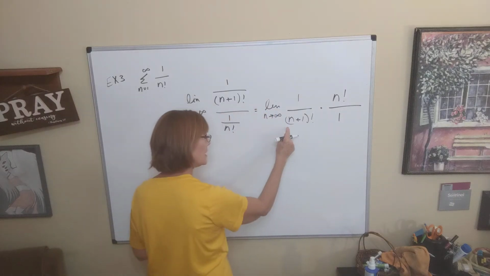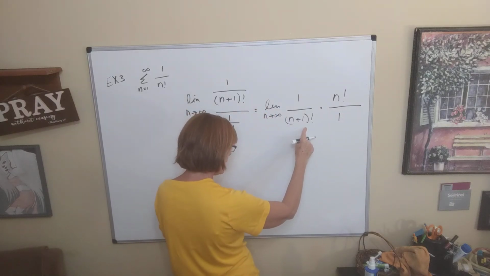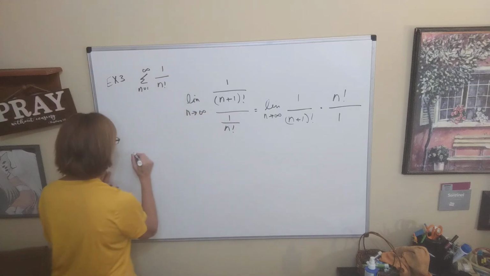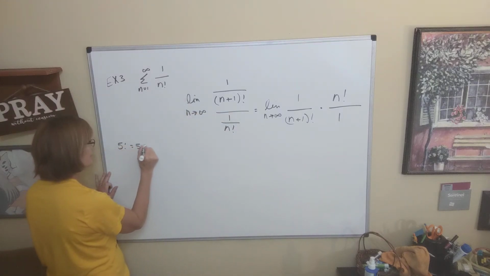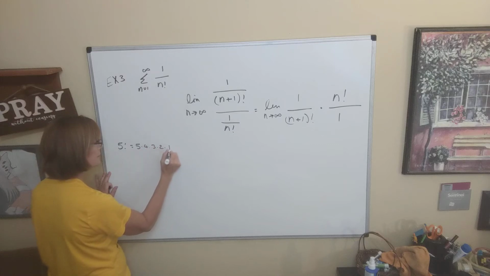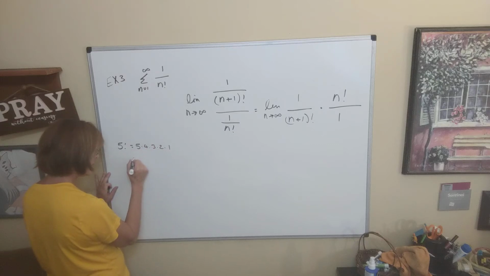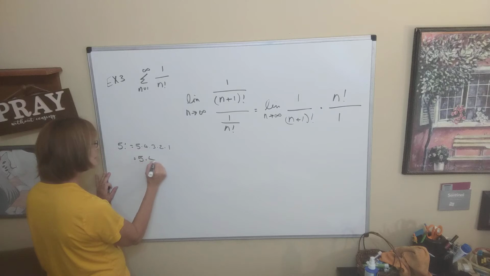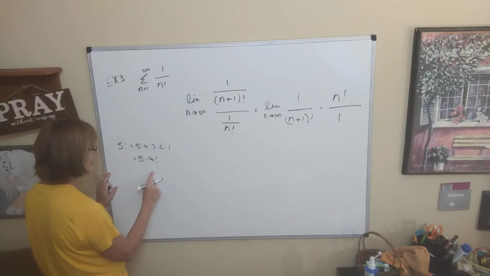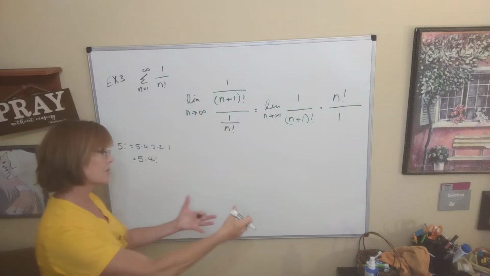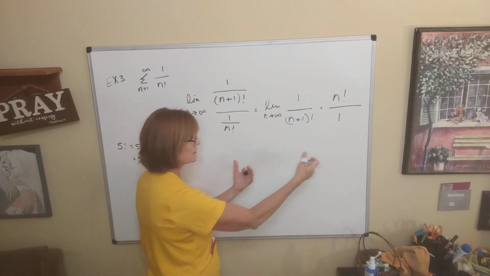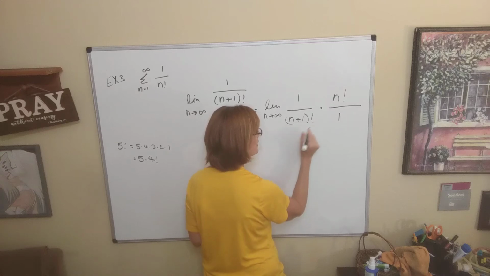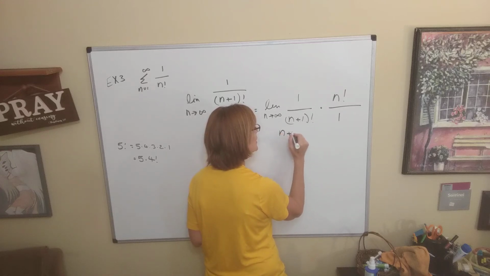All right, so let's look at n plus 1 factorial. What if we had 5 factorial? Remember, that's 5 times 4 times 3 times 2 times 1. Or we could say this is 5 times 4 factorial. So n plus 1 factorial is n plus 1 times n factorial.